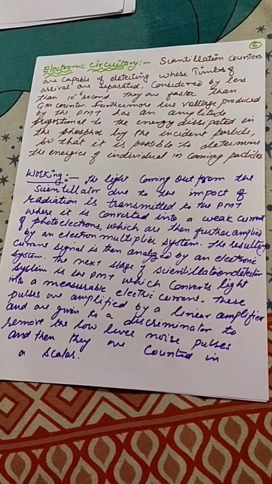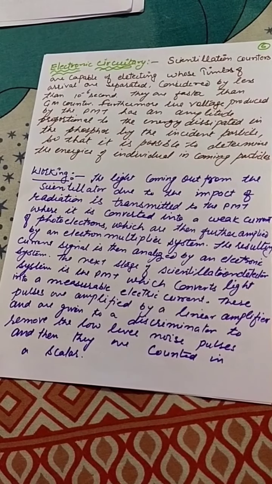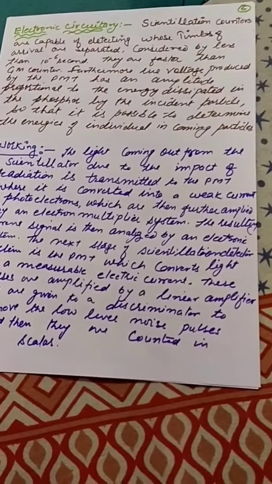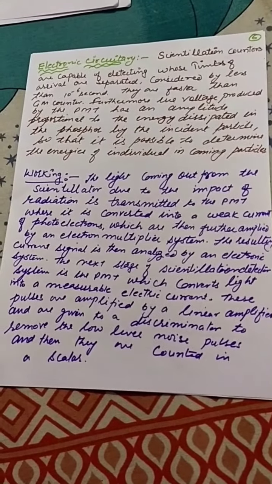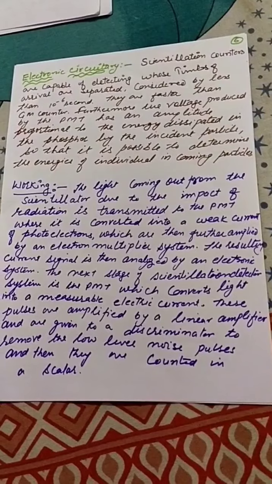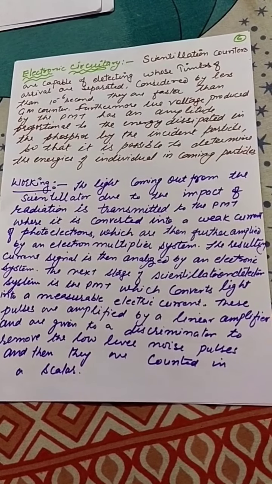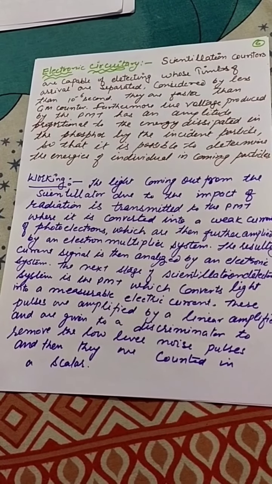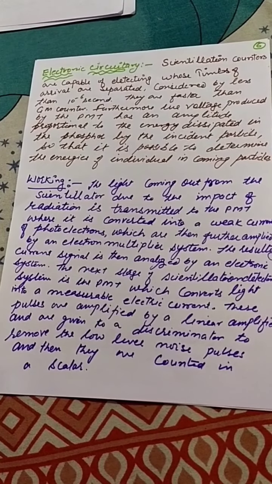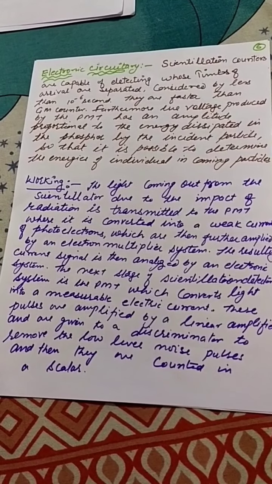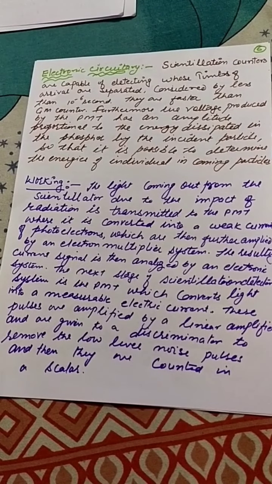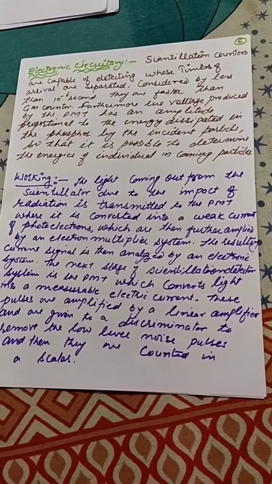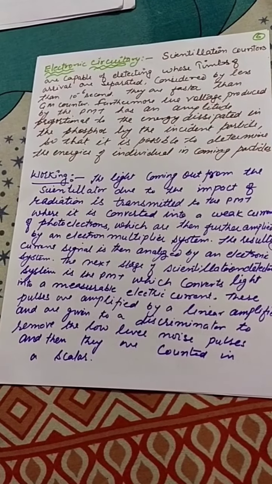The resulting current signal is then analyzed by the electronic system. The next stage of the scintillation detector system is the PMT, which converts light into measurable electric current. These pulses are amplified by a linear amplifier and are given to the discriminators to remove the low level noise pulses, and then they are counted in a scaler.